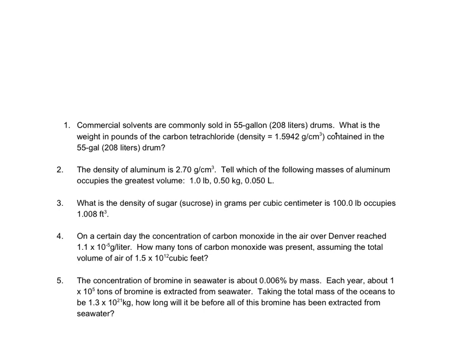So we're going to start with our known value of 208 liters, right? We're going to be using our density in grams per centimeter cubed as our conversion factor between mass and volume.